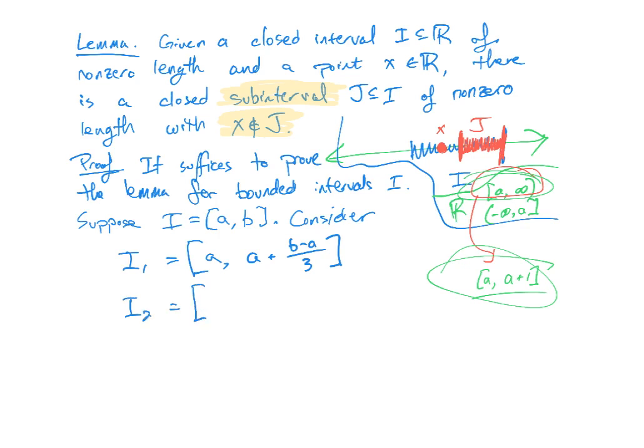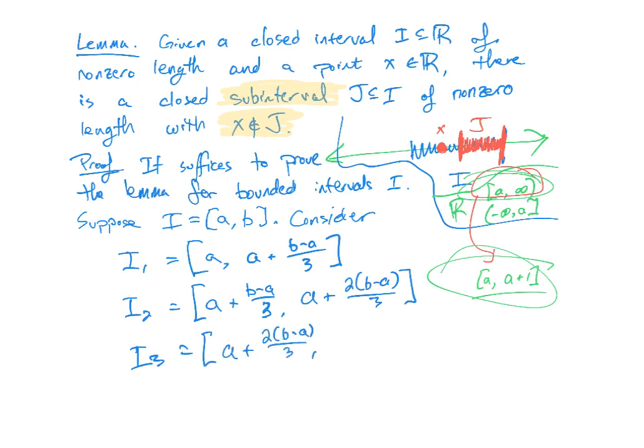And I2 is going to go from a plus (b minus a)/3 to a plus 2 times (b minus a)/3. And I3 from b minus (b minus a)/3 to b. Okay.